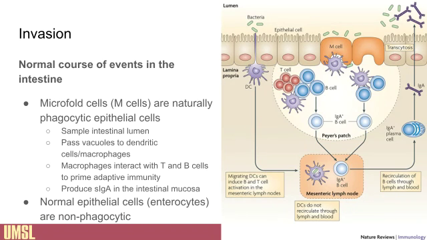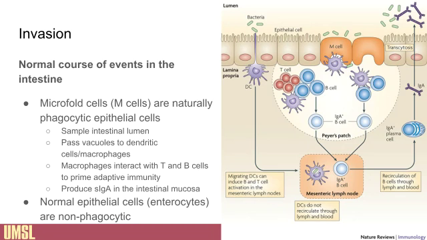So there are a massive number of lymph nodes basically sitting underneath these epithelial cell layers, and in lymph nodes are a whole bunch of B cells, T cells, all of these adaptive immune functions that we talked about.